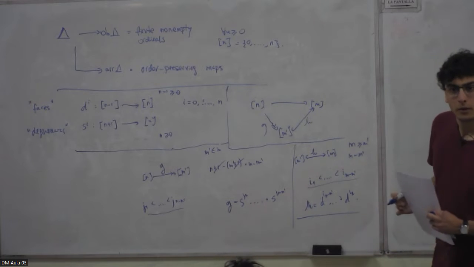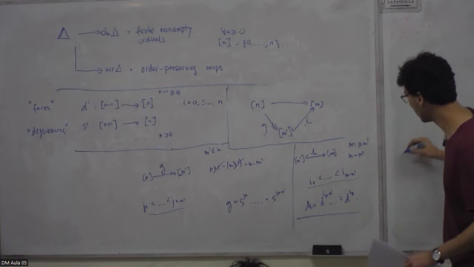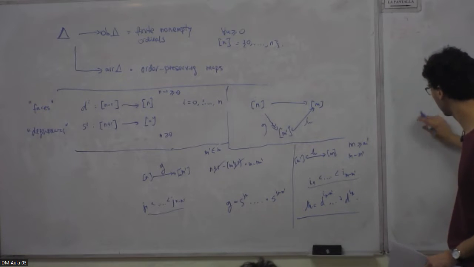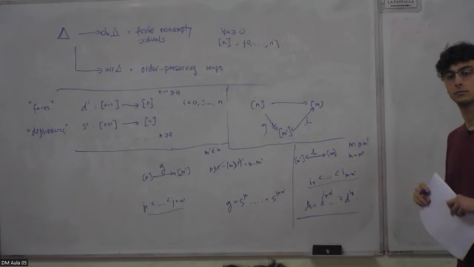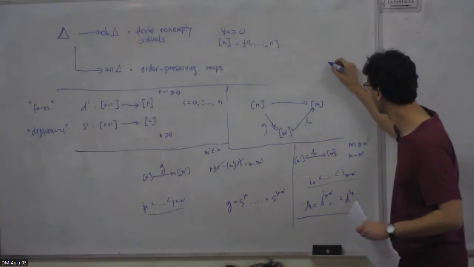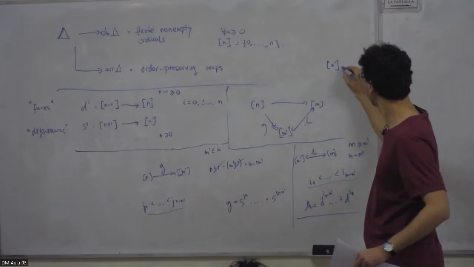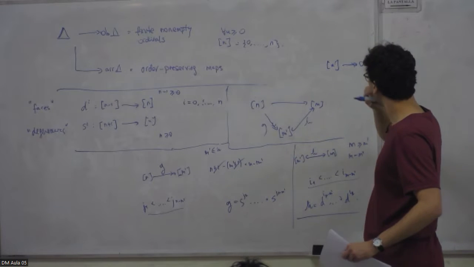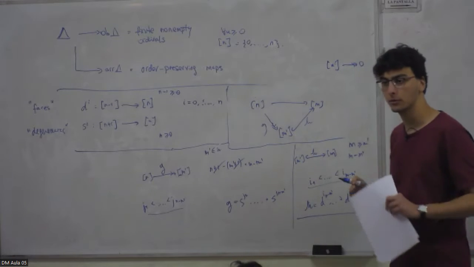When you say unique, the factorization, I mean that if you have any factorization, I'll give an example. You take the morphism from n to 0. You can compose in any way you want.